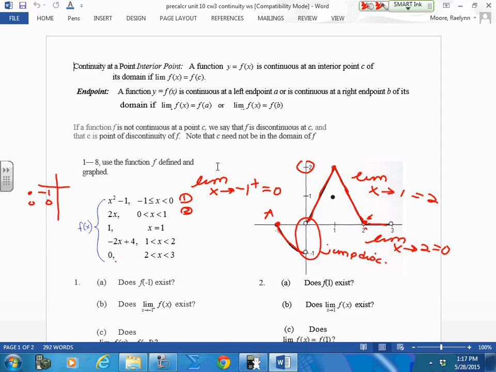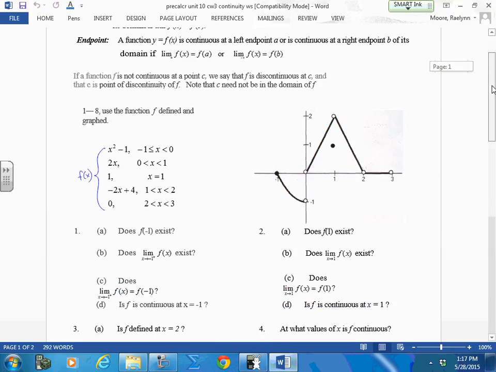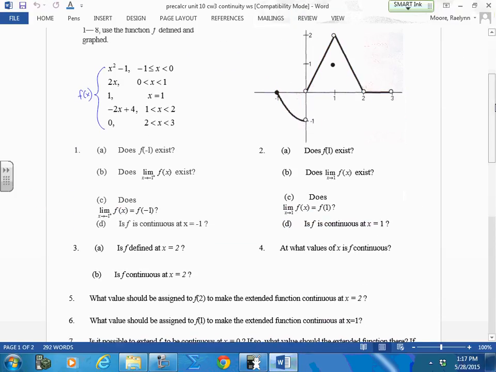Alright, so let's take a look at what these questions are asking. These questions kind of repeat themselves, but in a way so that you think a little bit. This is my x. When x is -1, do I have a y value? Yes.